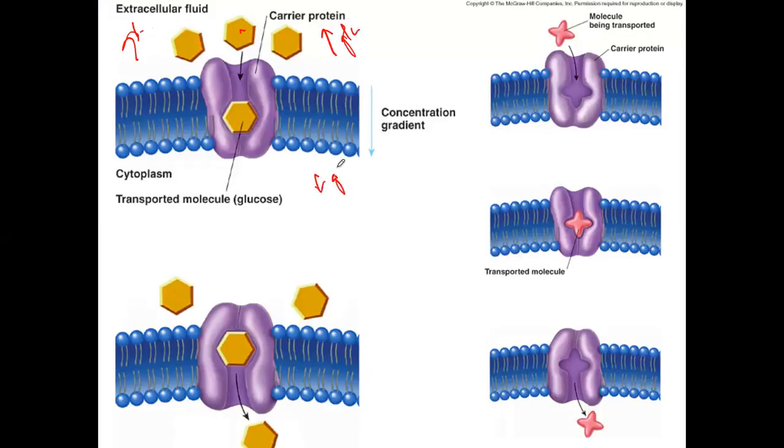So you're still transporting down the concentration gradient, so it's still passive diffusion. But glucose can't just diffuse straight through the membrane because it is large and polar, so you need a carrier protein, okay? Here is a carrier protein for, let's say, amino acids, so it works the same way.